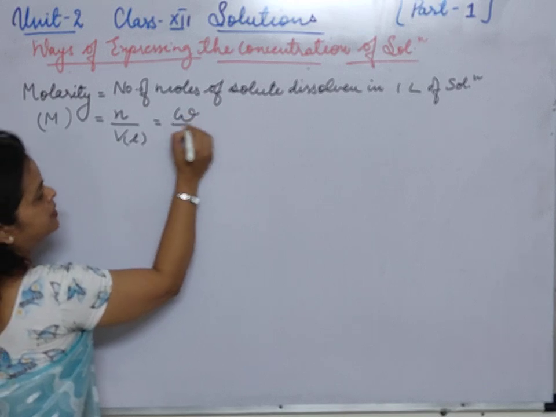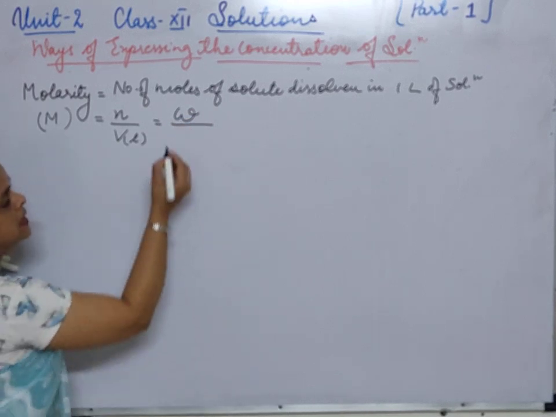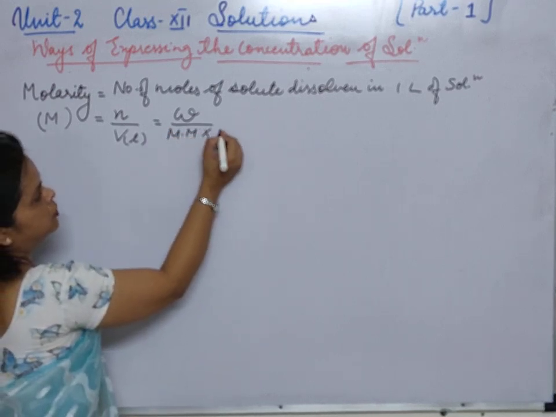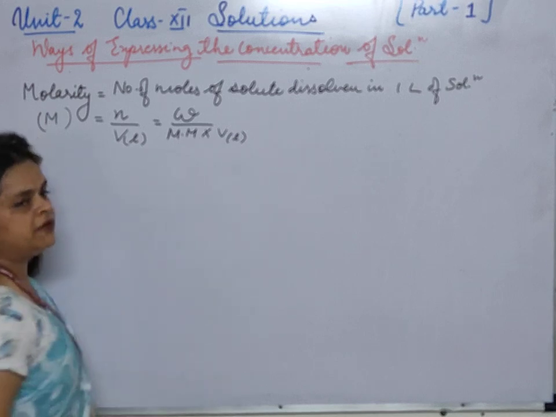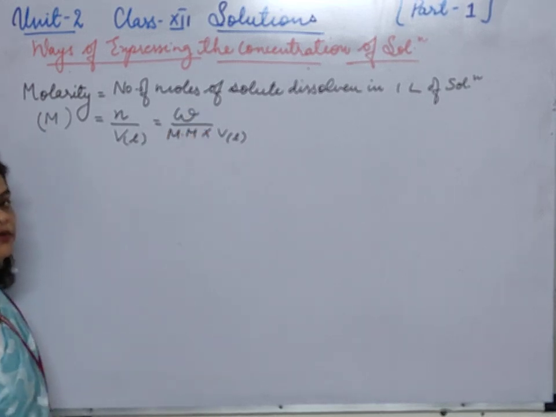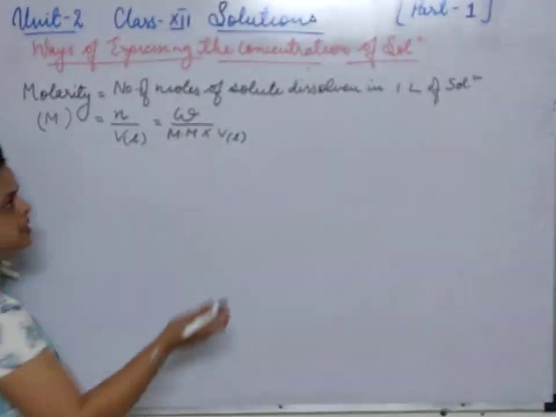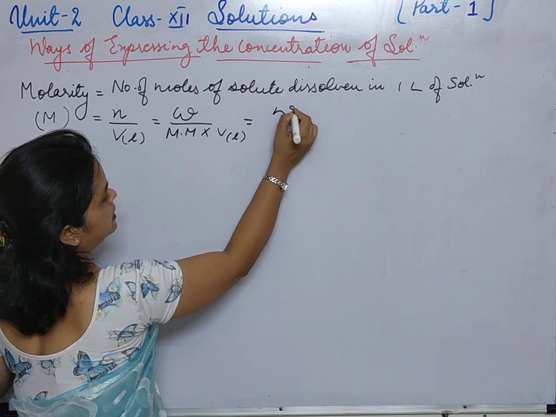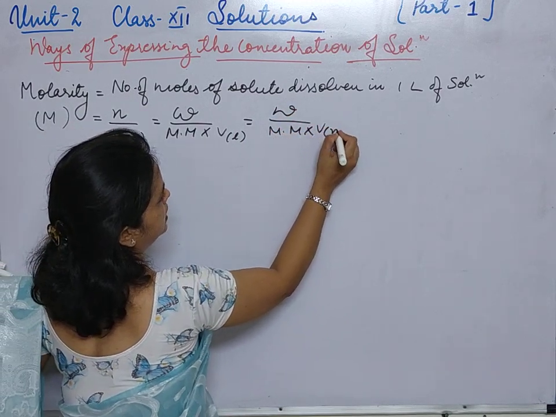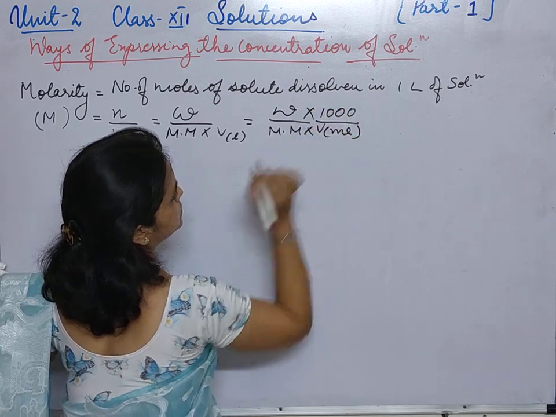By dividing the mass of the solute given in grams by its molar mass. Volume is already discussed: the number of moles present in a given volume of solution in liters. And if it is given in milliliters, then we will convert it to liters. Molar mass into volume in milliliter, and we will divide it by 1000.